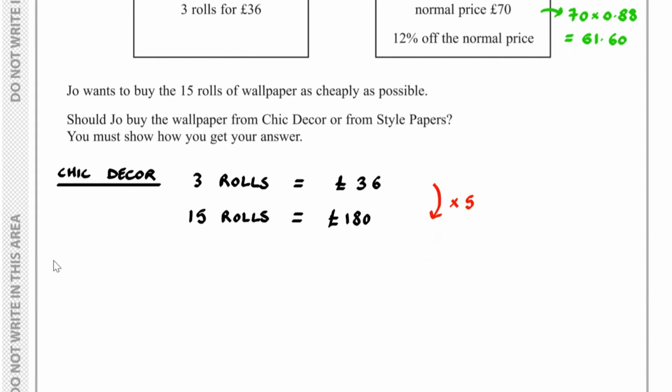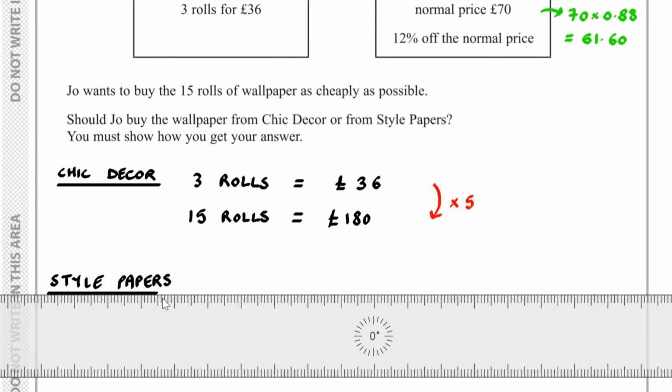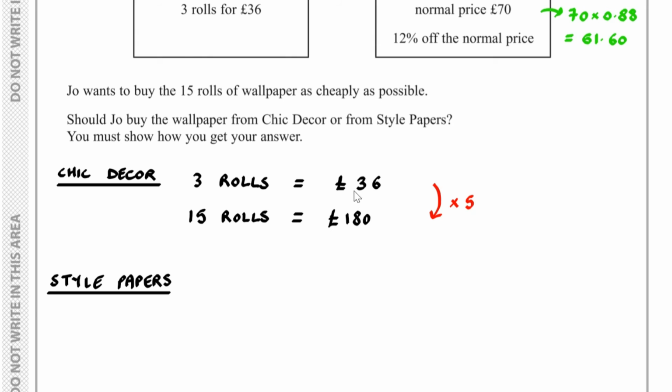Now, with Style Papers, what we have for the price is 5 rolls, which equal £61 and 60 pence.